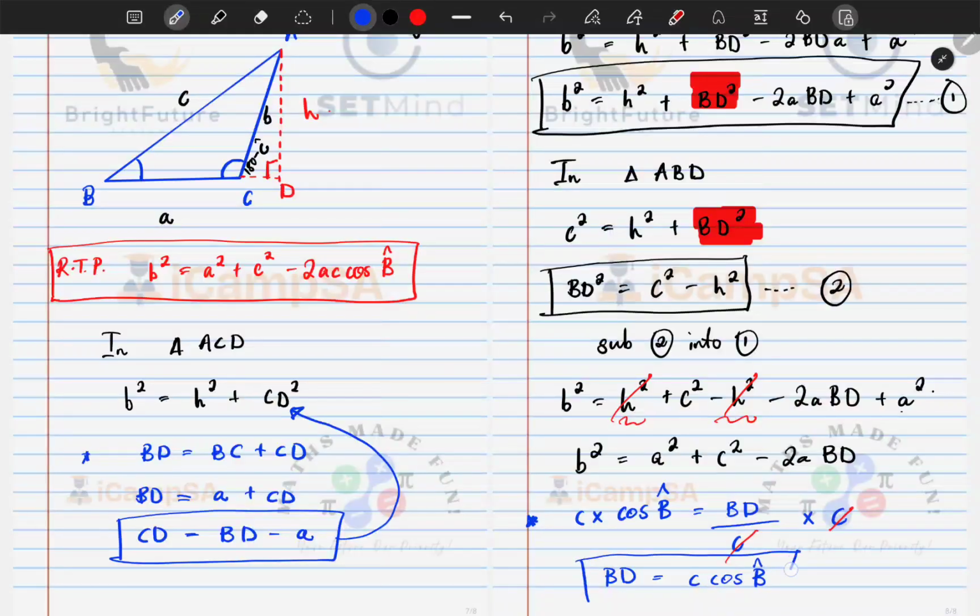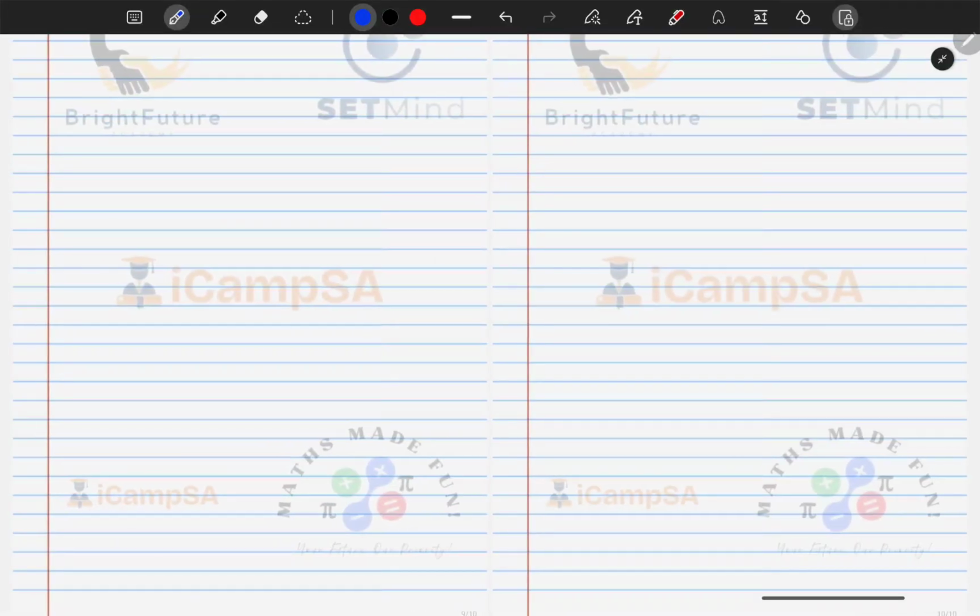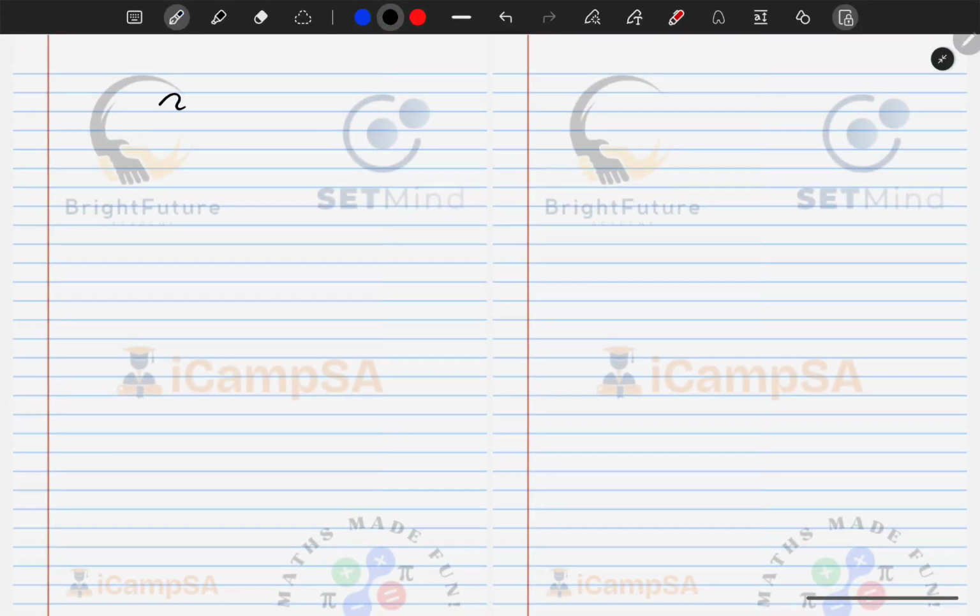So this is what I need, and this is what I'm going to substitute back into that equation, right? So I can just call this equation 3, and then this will be my equation 4, and then I just substitute equation 4 into equation 3, right?